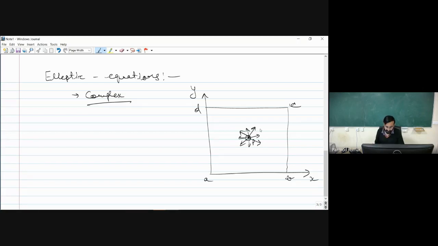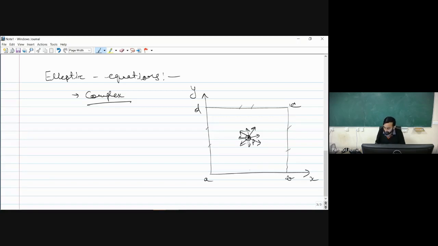This is one specific feature of elliptic equations: if we perturb any point within our flow field, that perturbation will propagate uniformly in all directions at a very rapid rate. So whatever perturbation we produce here will affect all our boundaries.